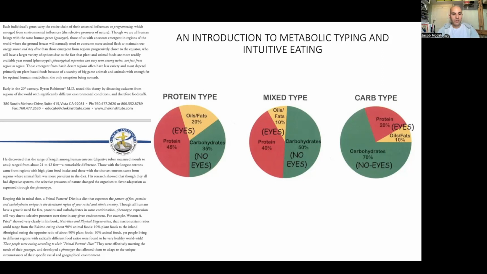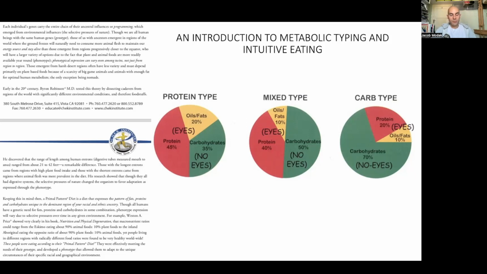Phenotype. Phenotypical expression can vary even among twins, not just from region to region. Those emergent from harsh desert regions often have less variety and must depend primarily on plant-based foods because of a scarcity of big game animals and animals with enough fat for optimal human metabolism, the only exception being nomads.